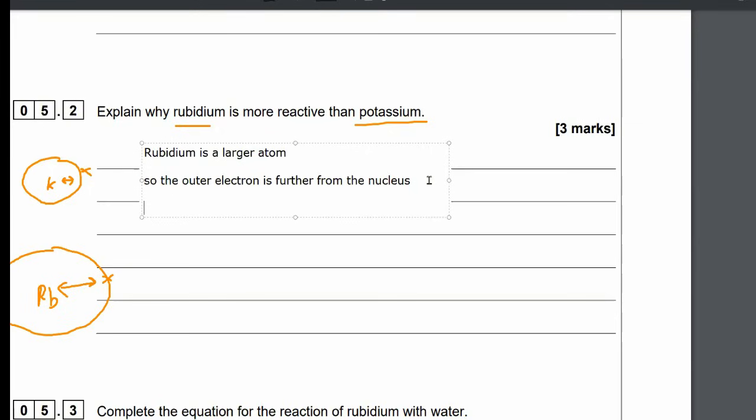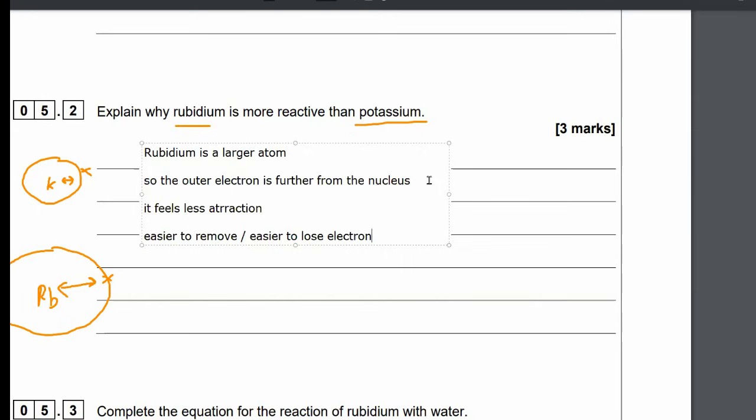So if you're further from the nucleus, you're going to feel less attraction. It feels less attraction and therefore it's easier to remove or easier to lose the electron. So it's not held as tightly, and that means that the rubidium is going to react faster than the potassium. It's going to give that electron away.